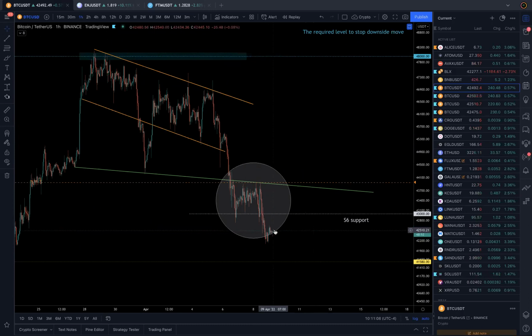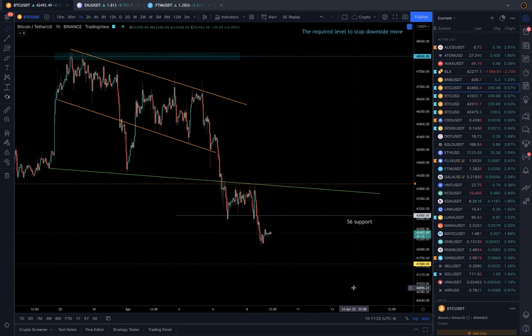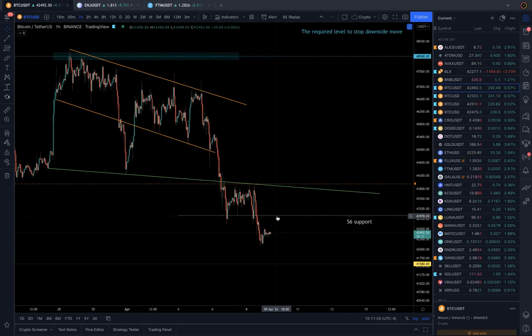This consolidation might end up with another bounce, and in that case it will try to break above S6. In my point of view, if it breaks above S6, then it will be back in life from a bull's point of view, because this was a support and it is broken, so it has to return back above somewhere around 43k.